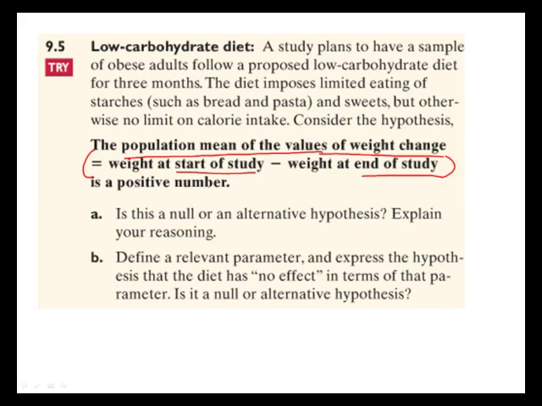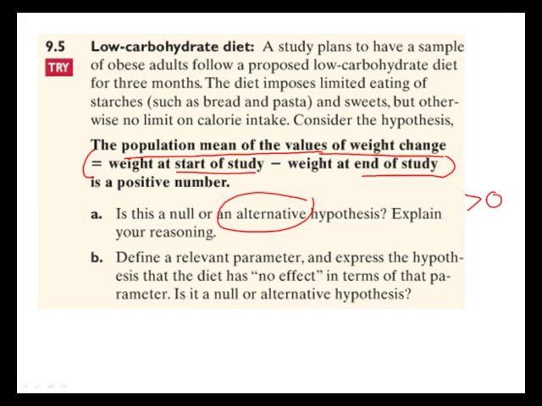But what they're saying is that that mean weight change is a positive number. So would this be considered a null or alternative hypothesis? Alternative, why? Yeah, positive literally means greater than 0, right?